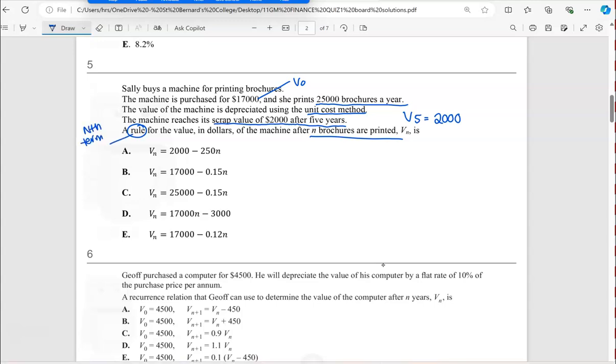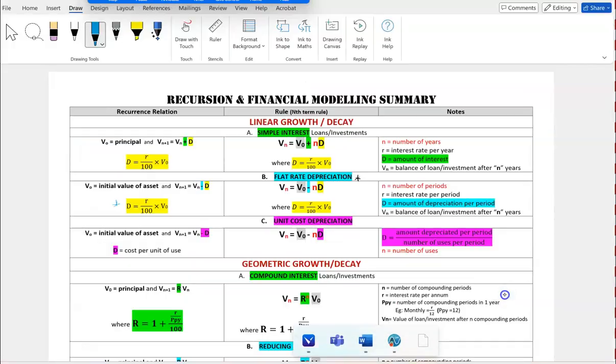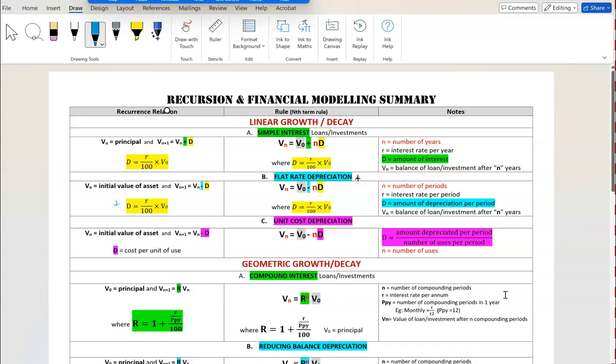So if I go to our formula sheet, so unit cost, this is the rule we want. So VO, you know that. Remember it was 17,000. And D, we might need to work that out. So we can see we've got a formula for that: the amount it depreciated per period over the number of uses.